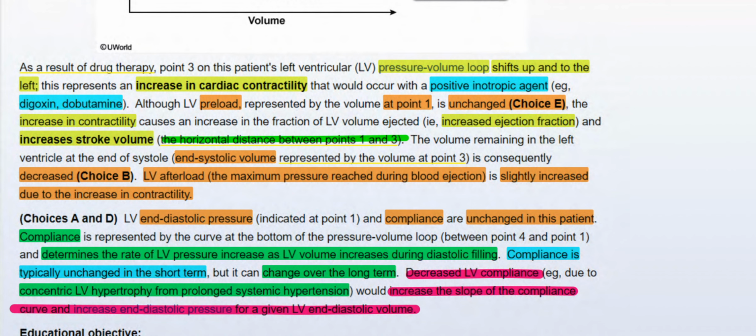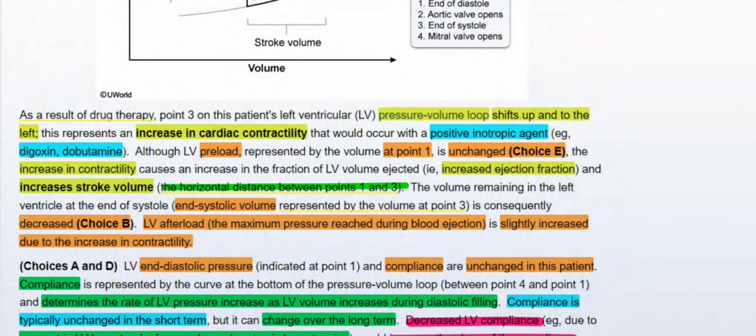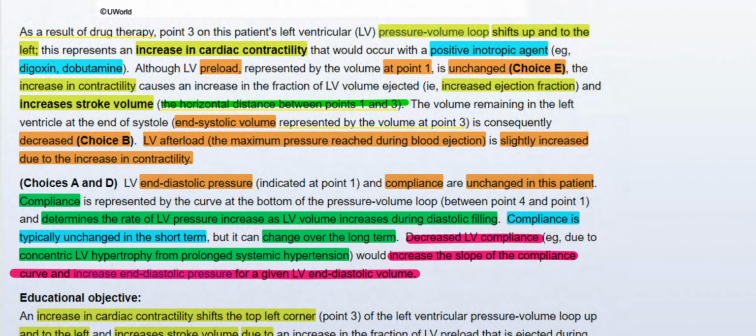Then left ventricular afterload. The maximum pressure reached during blood ejection is slightly increased due to the increase in contractility, but this is slightly increased, right? Then the end diastolic pressure, it remains the same, and also with that compliance remains the same.